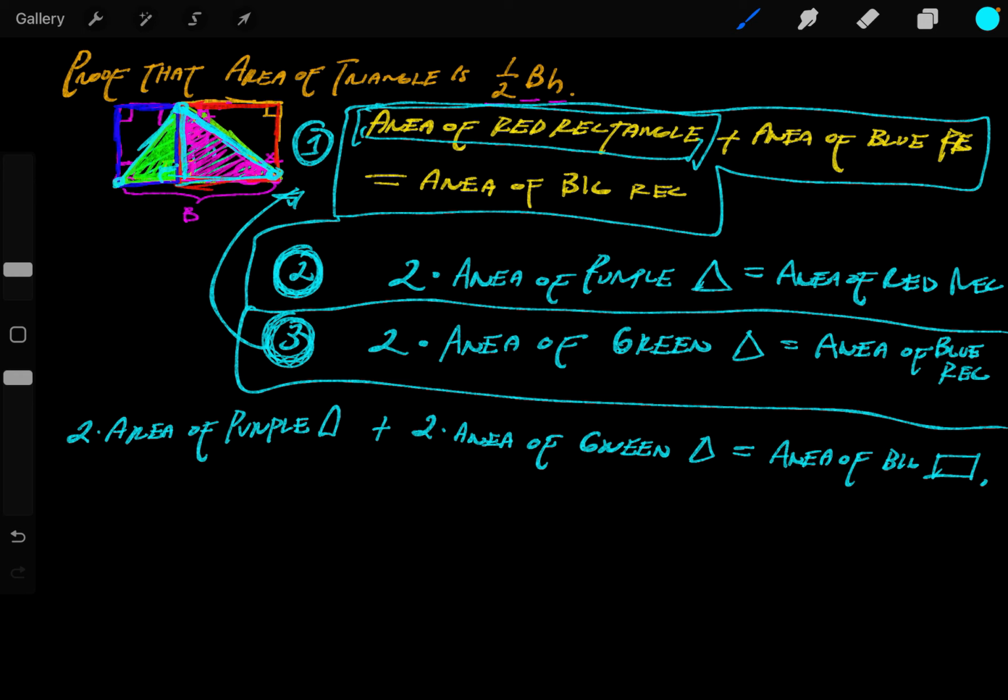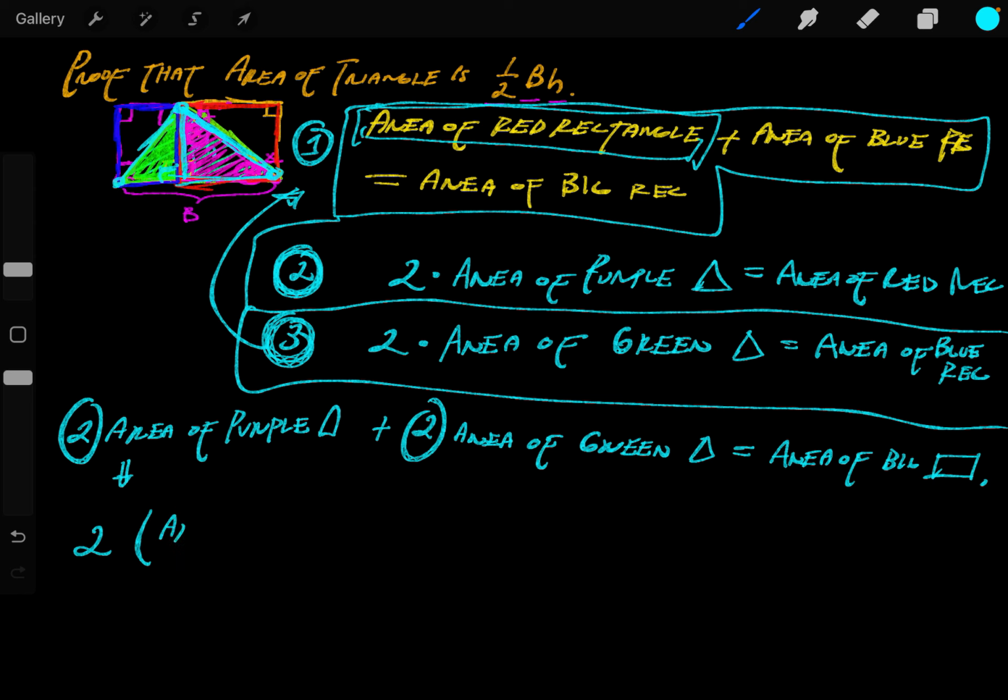Now I'm just going to do some algebra. So this here has a 2, this here has a 2. Let's see what I can get. What I get is that I can factor out that 2.